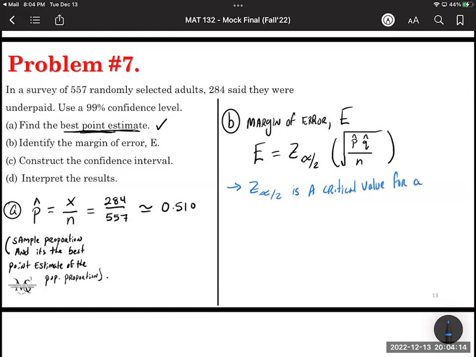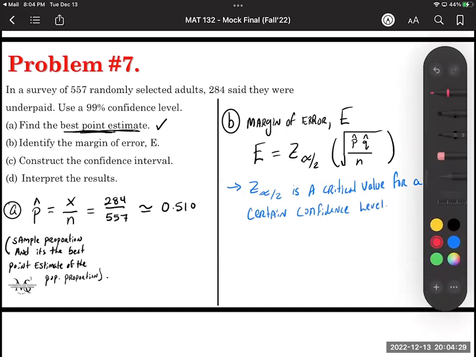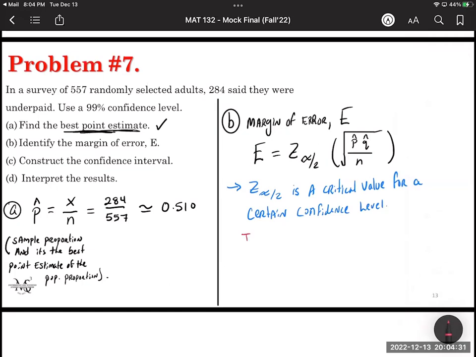Z alpha over 2 is a critical value for a certain confidence level. So if the confidence level, CL, is 99%, the Z table gives you Z alpha over 2, the critical value.